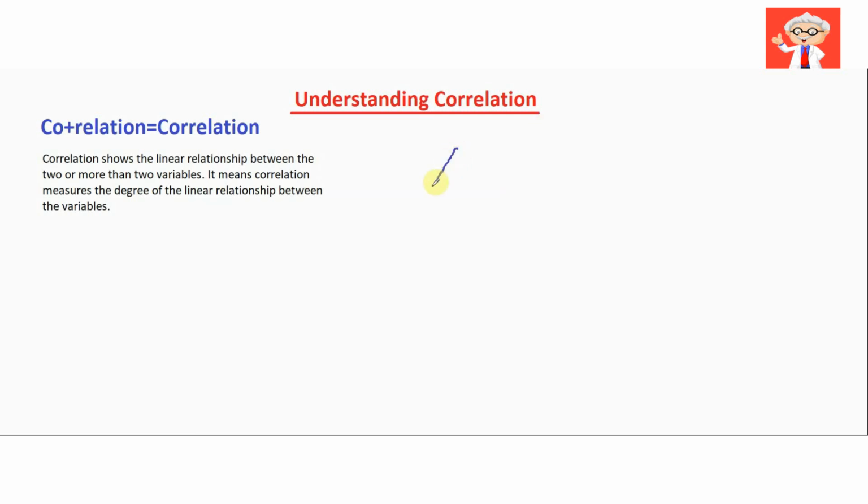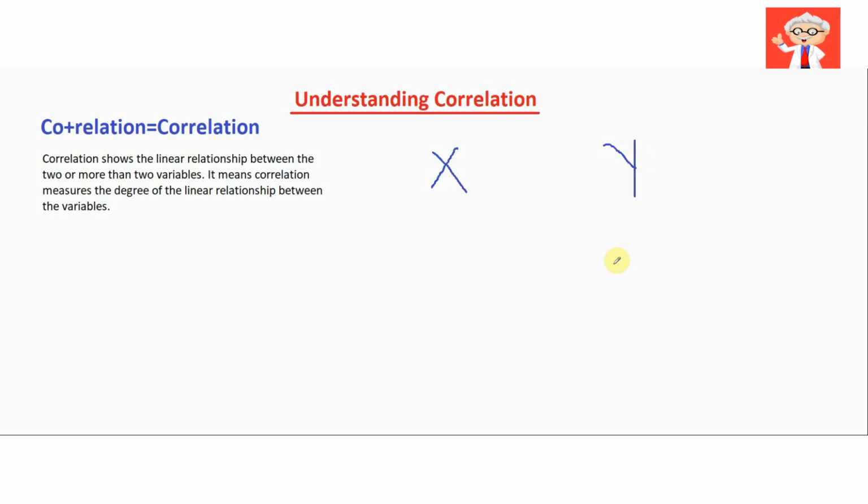Okay, we have two variables, one is x and another is y. Suppose we try to understand the relation between x and y. What may be the relation between x and y? Yes, we can define it in different ways.